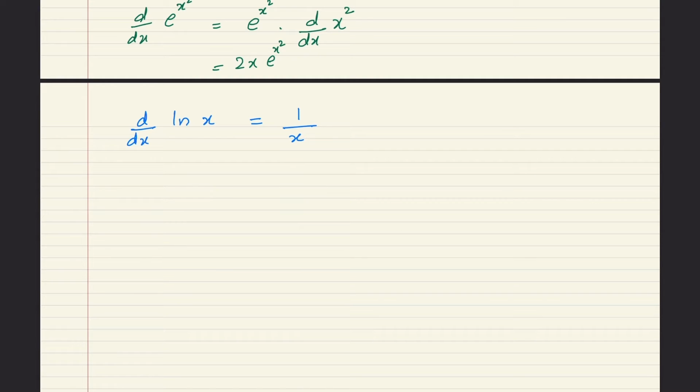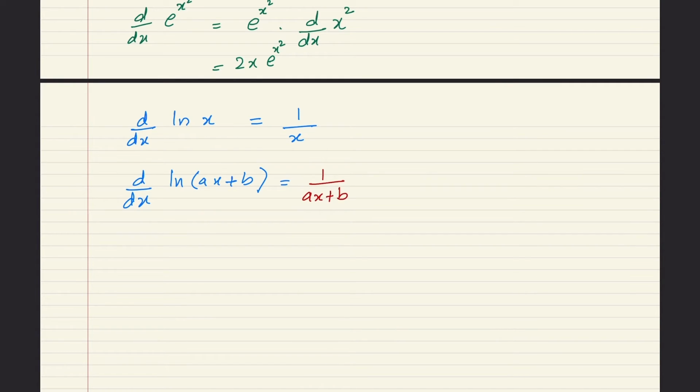The extension of this formula is log of ax plus b. Remember that x can be any number or any function, so here we have ax plus b. So it will be 1 over ax plus b.